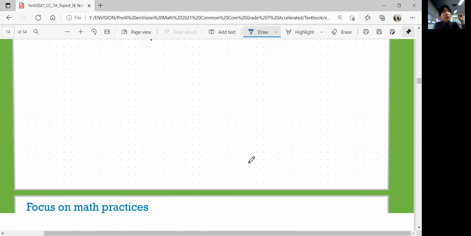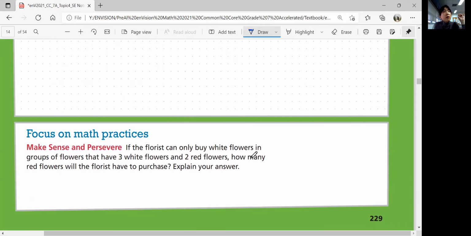Let's look at focus on math practices. If the florist can only buy white flowers in groups that have 3 white flowers and 2 red flowers, how many red flowers would the florist have to purchase? Explain your answer. She's going to use 3 purple flowers and 1 white flower, right?